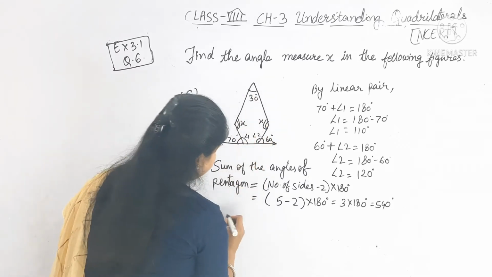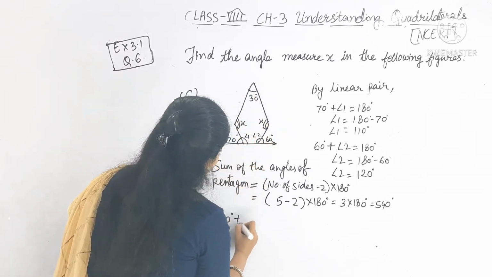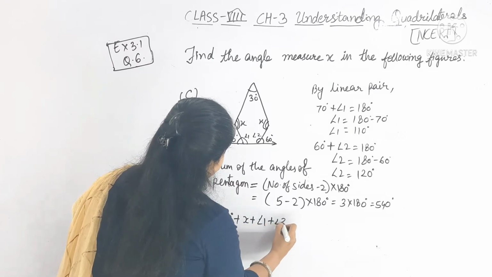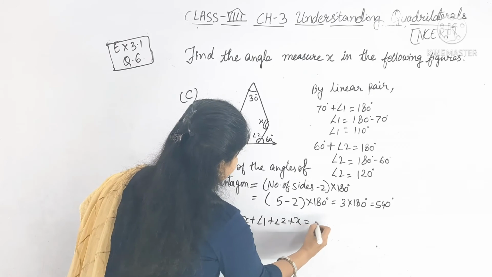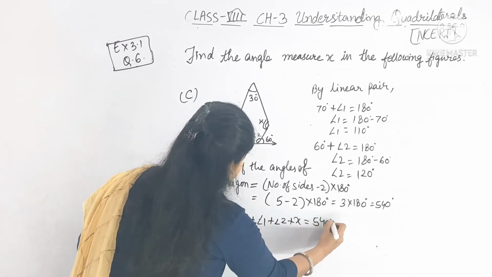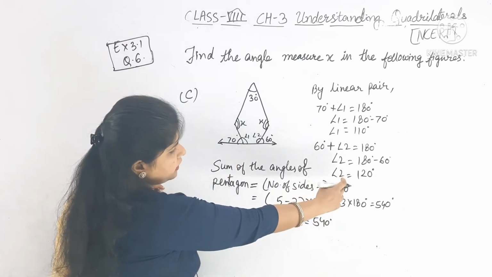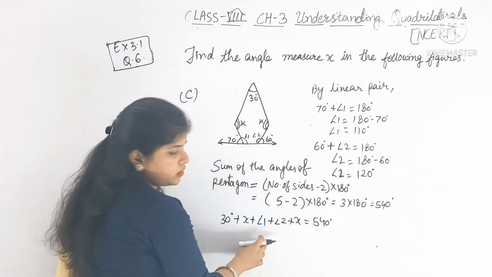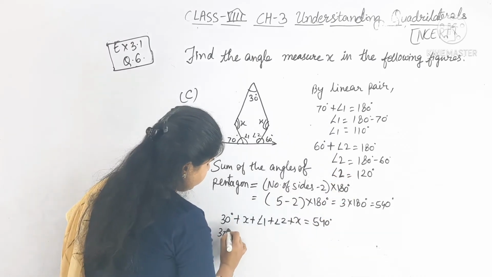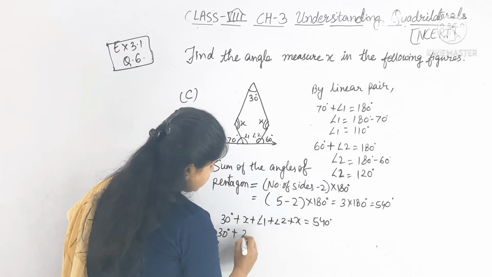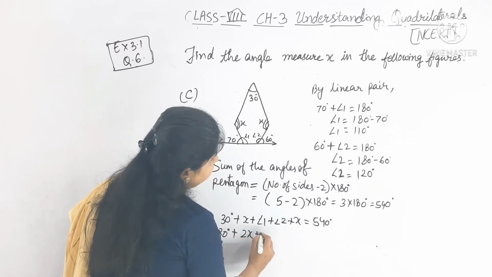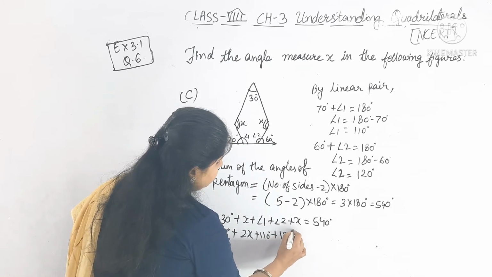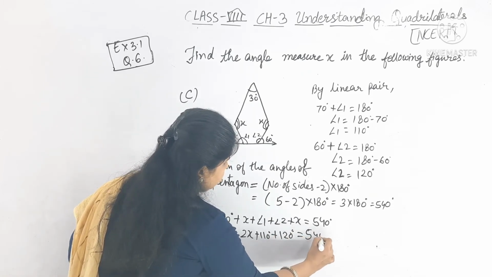So I will write 30 degree plus x plus angle 1 plus angle 2 plus x equal to 540 degree. Okay, we know angle 1, angle 2 from here. I can substitute in this. Okay, 30 degree, x plus x is 2x, angle 1 is 110, angle 2 is 120 degree equal to 540 degree.